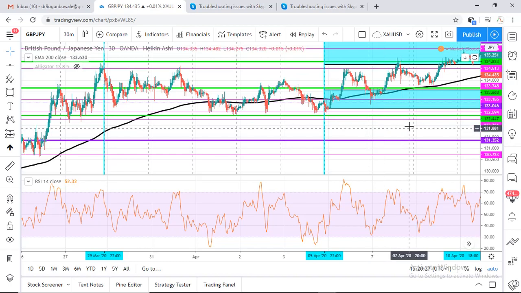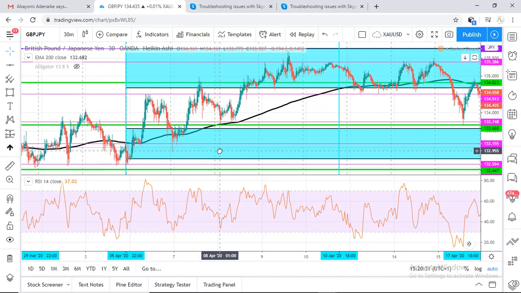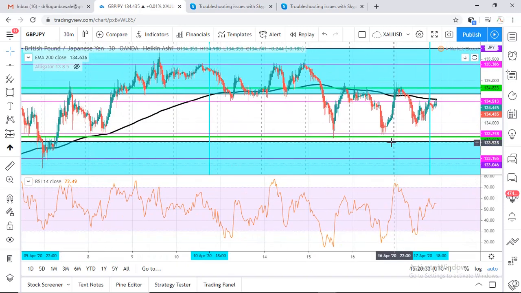Now, if I want to engage this particular one, what do I do? Presently price is in the middle zone of the new three zones created.